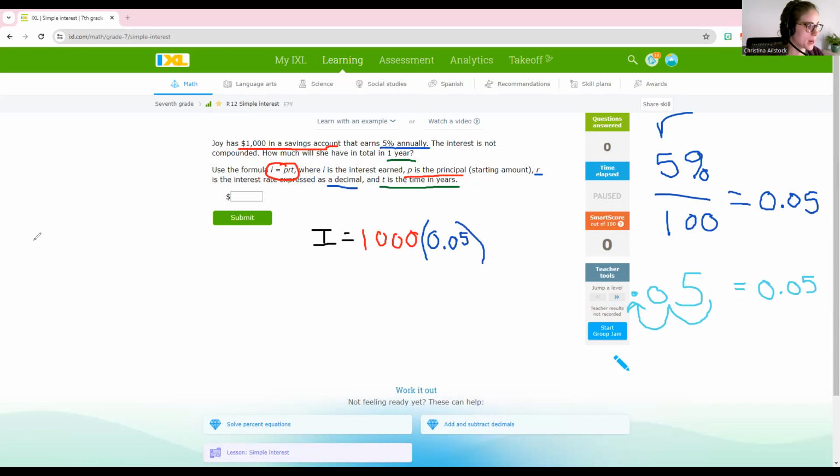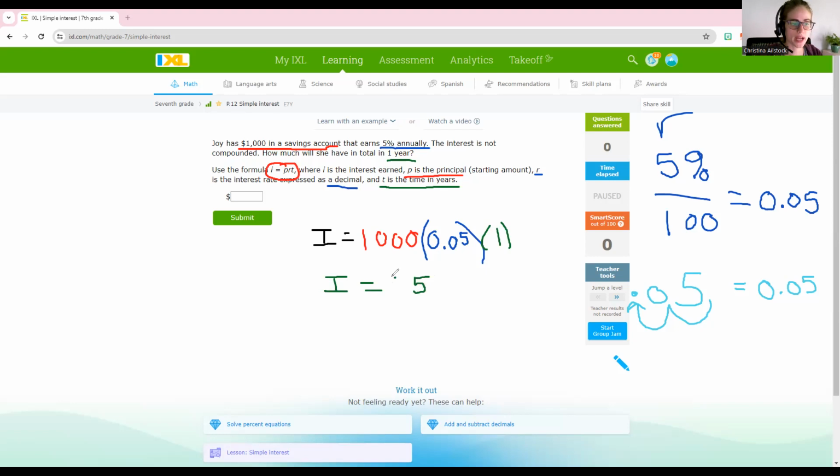And that's multiplied by how much time we have, which in this case is 1 year. Once you get to this point, you can just put the whole thing in your calculator because it's multiplication all the way across. So we have 1,000 times 0.05 times 1, and we get an interest of $5. It's a little sloppy. Let me fix that.